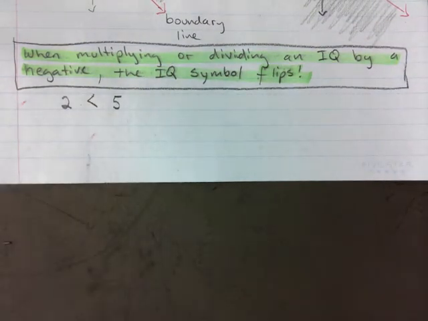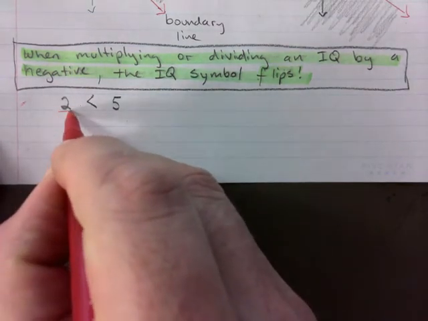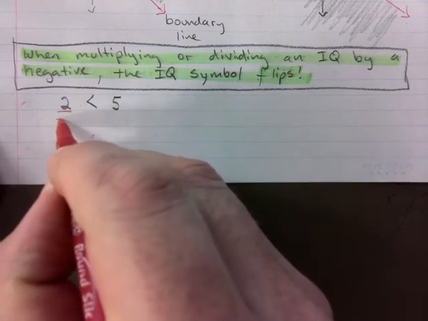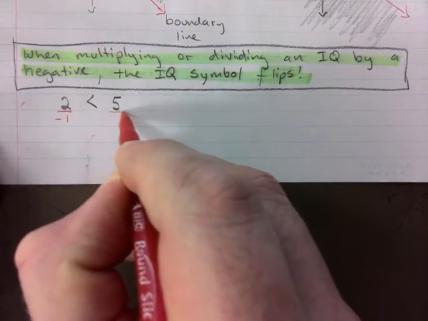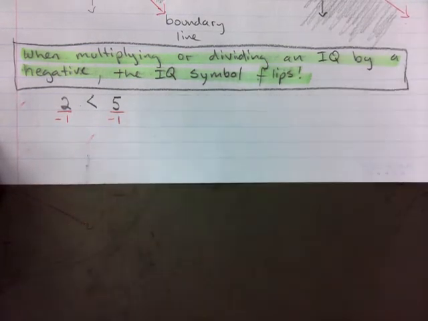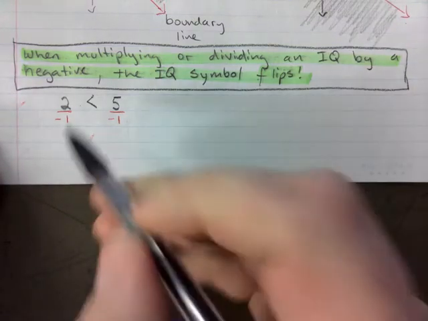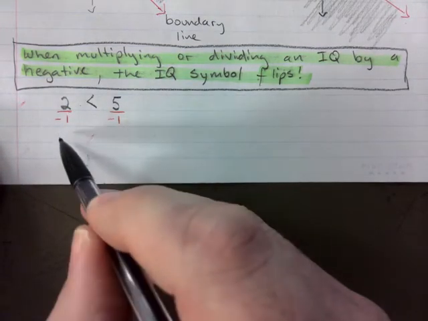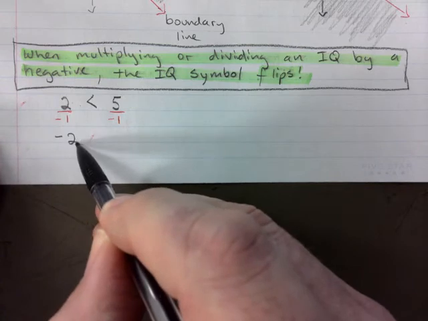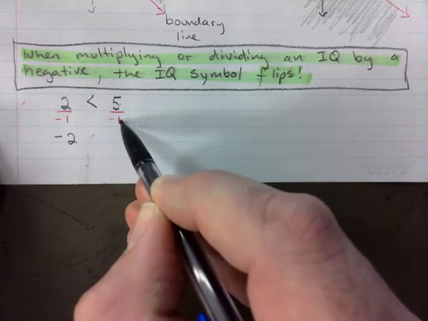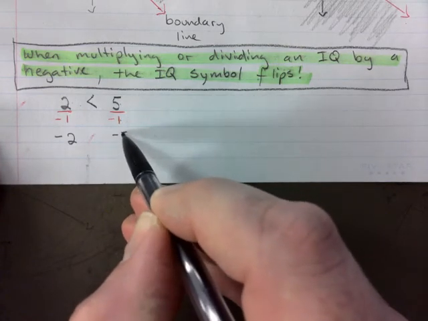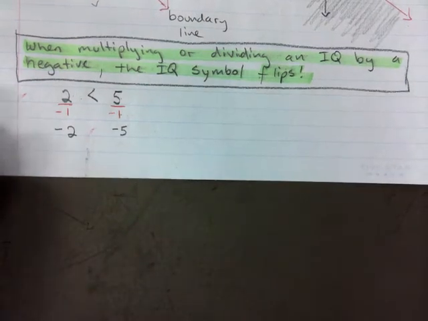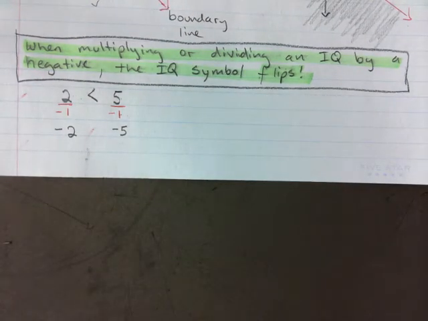Okay? But what if I were to divide both of these by -1? Two divided by -1 turns to -2. 5 divided by -1 turns to -5. Which one is now the greater number? -2.